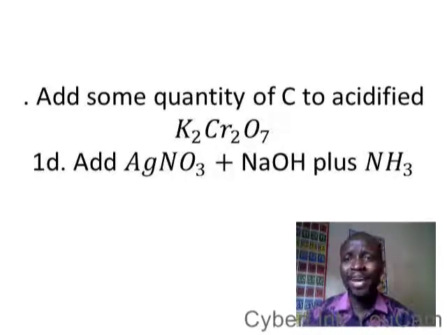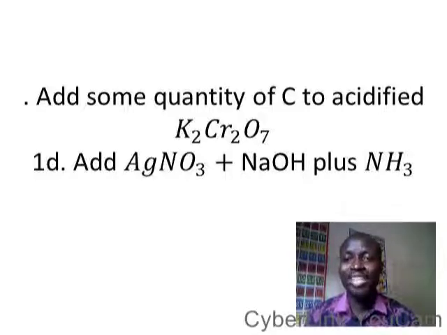Now, after you have added that, take another quantity of C. Add acidified K2Cr2O7. Do you understand that? Now, after you have had acidified K2Cr2O7, you give the observation as well as the inference.